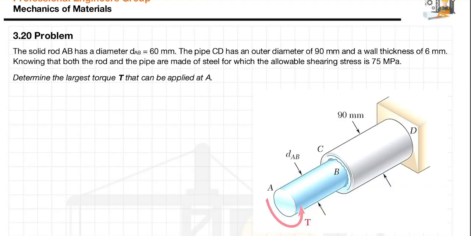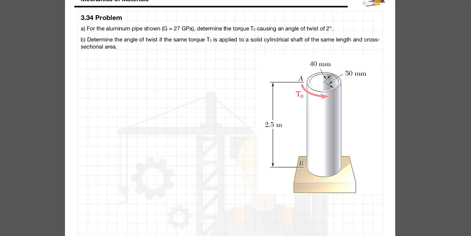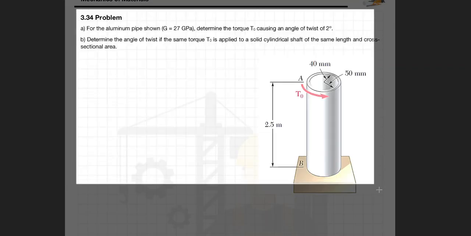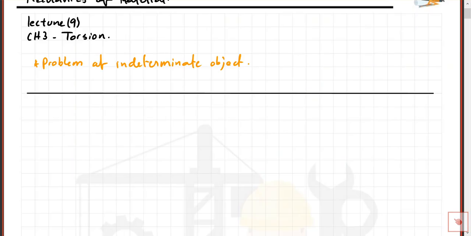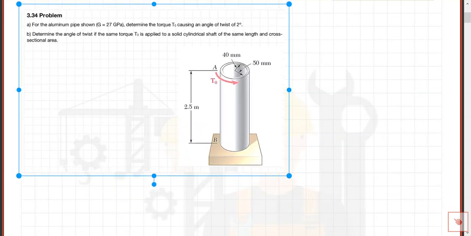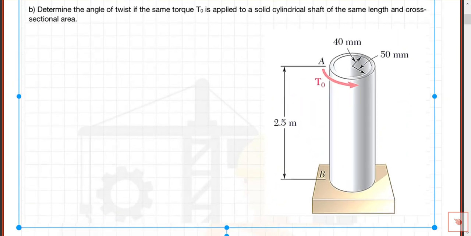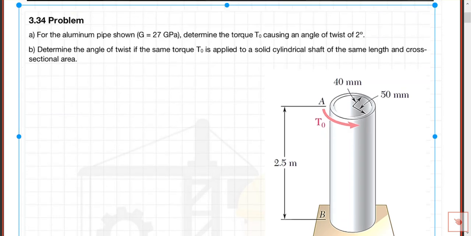Okay, I think this one. Yes, I need to solve this design problem. Okay, what does it say? For the aluminium pipe shown, G is equal to 27 gigapascal.